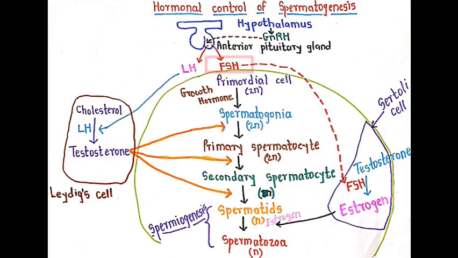Now about the follicle stimulating hormone. Follicle stimulating hormone is secreted by the anterior pituitary gland, and it induces the Sertoli cell to convert testosterone hormone into estrogen. This estrogen plays a crucial role in the process of spermiogenesis, where each spermatid will convert into a sperm or spermatozoa.